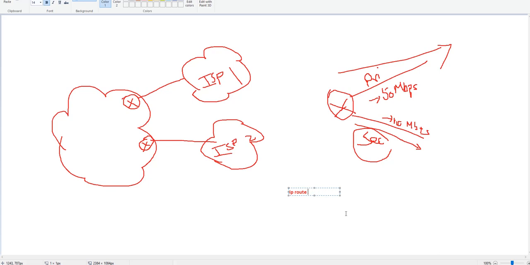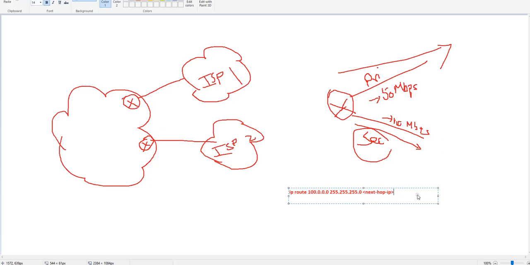Let's say my destination prefix is 100.0.0.0, the subnet mask is /24, and my next hop IP. This is the static route configuration we would put on our router.